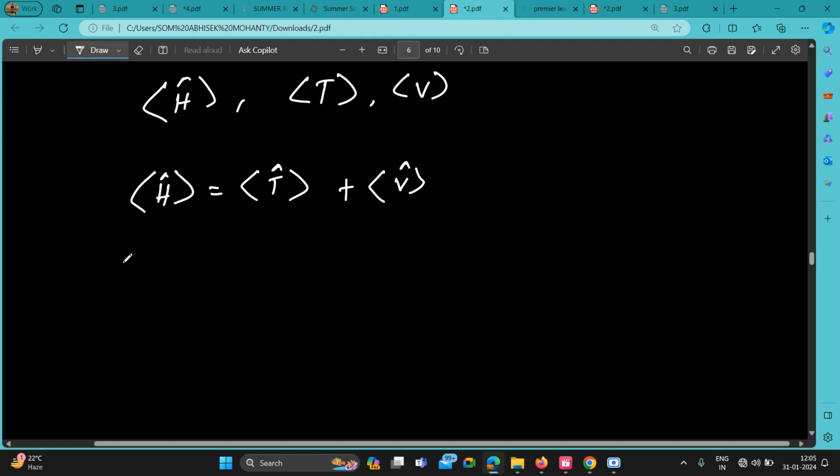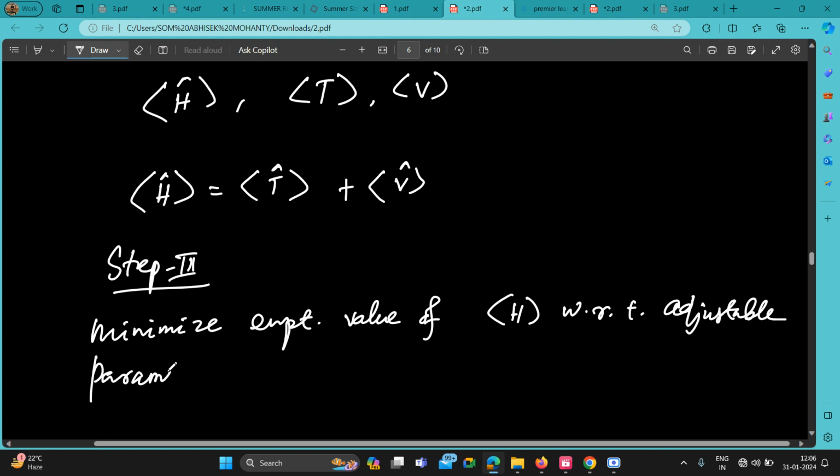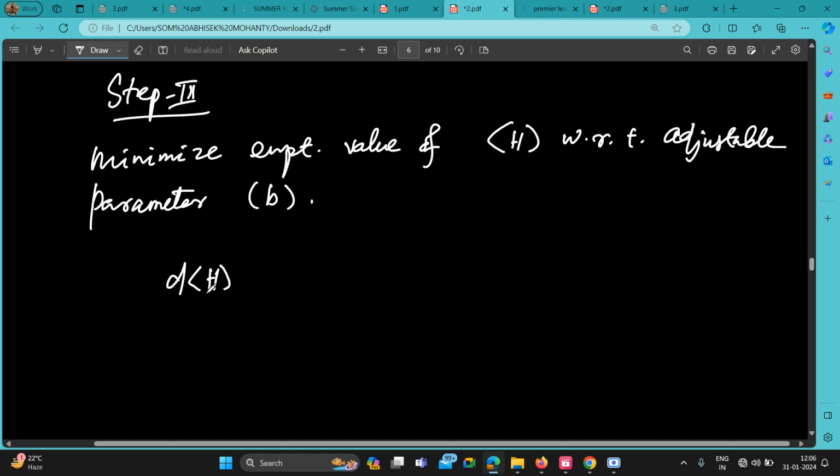Now do what? Step 3: minimize the expectation value of H with respect to the adjustable parameter B. That means dH by dB is equal to 0.